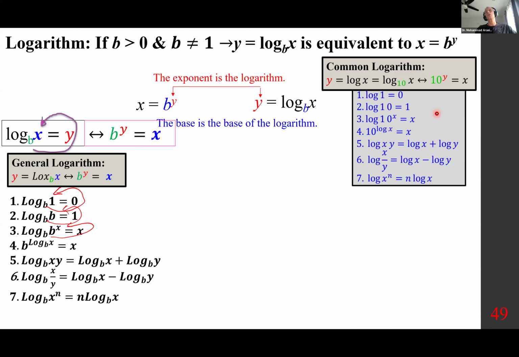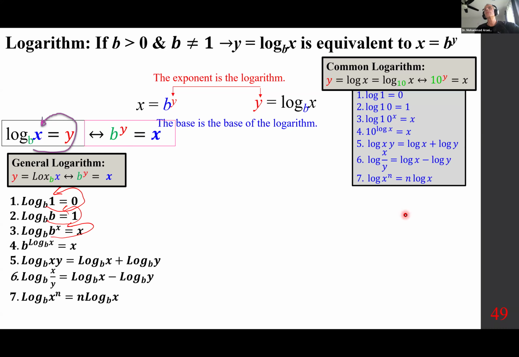In this case, we are dealing with the common log. Bear in mind, for example, number 2 says when the base b and the argument b are the same, the answer is 1. So when you don't write the base, it is 10, so the argument must be the same, therefore 10, and the rest of them follow in the same manner.